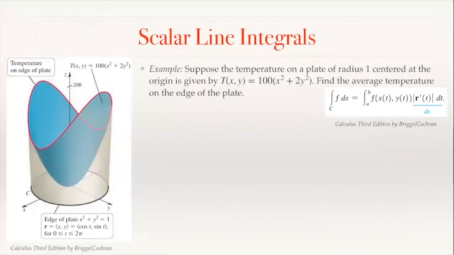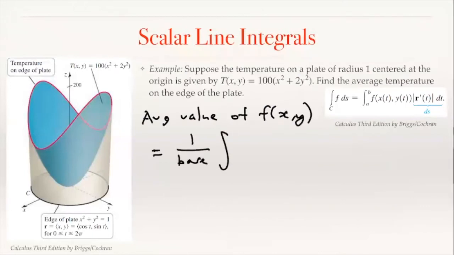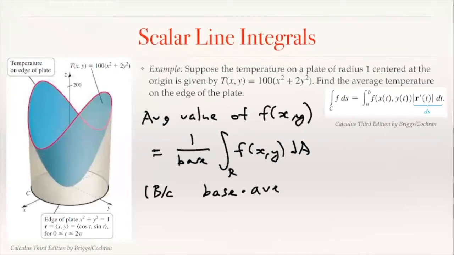Well, recall that the average value of a function is 1 over the area of the base times the integral of that function over its region. This was because base times average height is the area or volume.